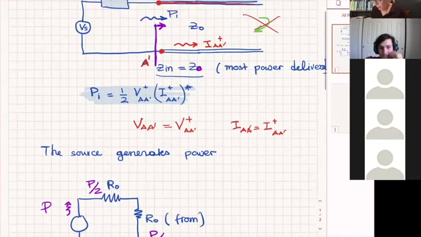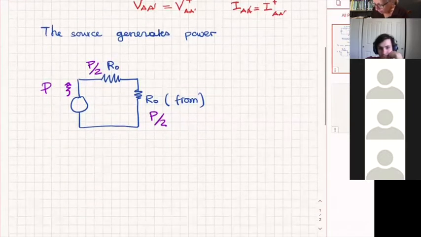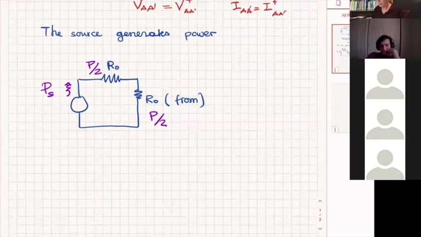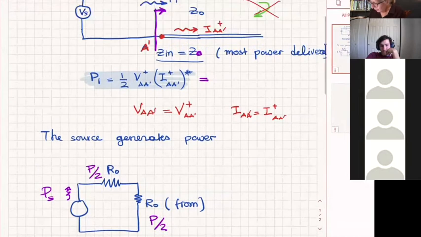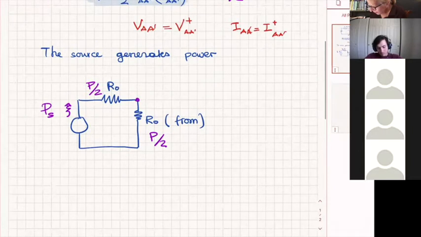Okay, so that's my Pi. In reality, if I call this power from the source, call it P sub S for a moment, it is going to be half of P sub S. Do you agree? But it's the incident to the line. What happens if the line, the way you see it here, practically, is like this.